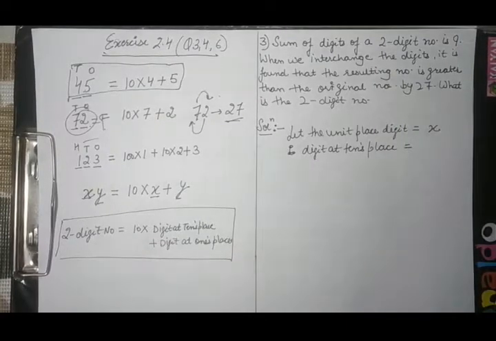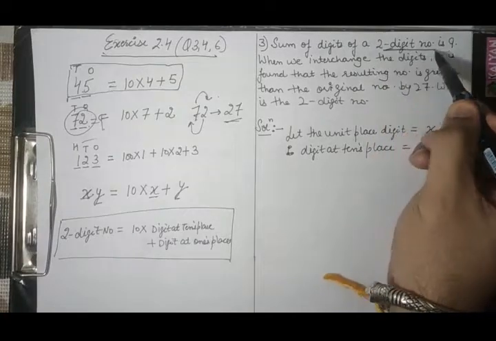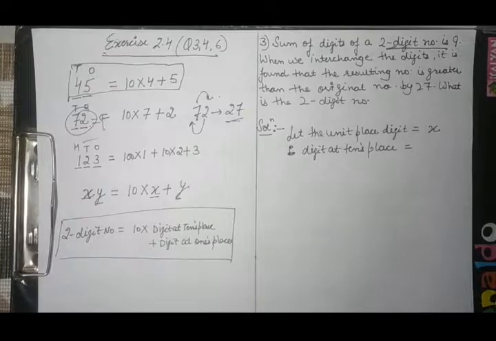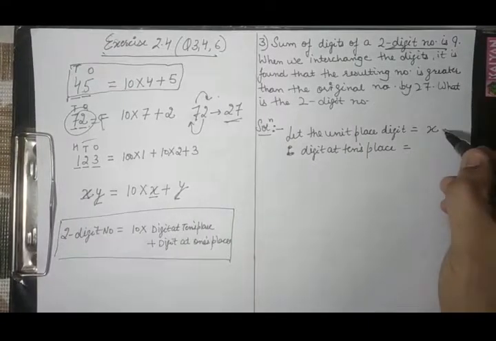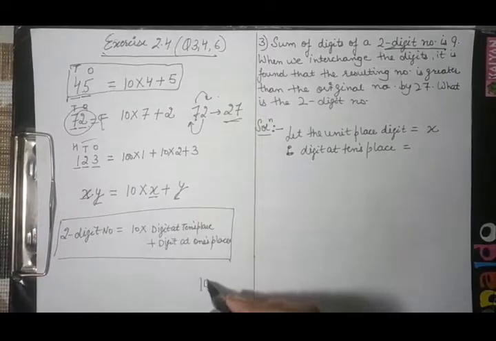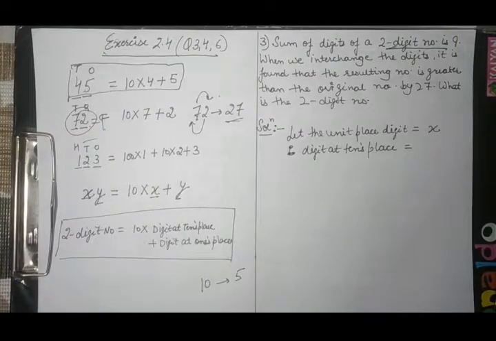What will we suppose here? Since it is given that the sum of the digits of the two digit number is 9, the sum of both digits is given as 9, and if we have selected one number as x, what will the other one be? For example, if we have 10 toffees and we have eaten 5, we have to find how many toffees are remaining.